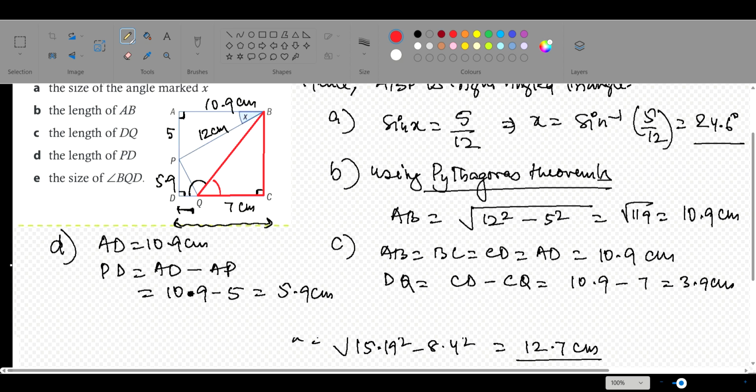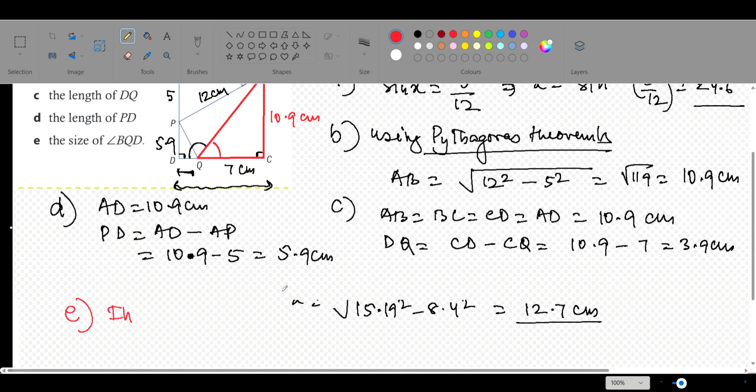So BQD would be 180 minus BQC. BCQ is easier to find because we have the information of QC. We also know what is the BC. BC is nothing but 10.9 centimeter, right?